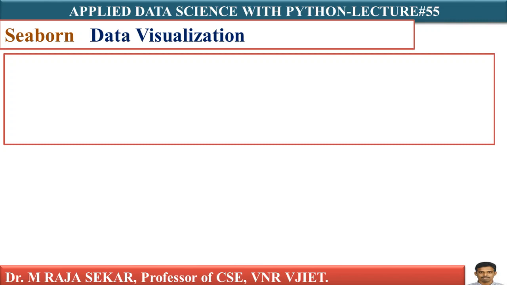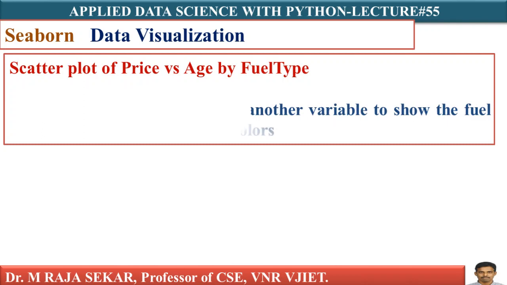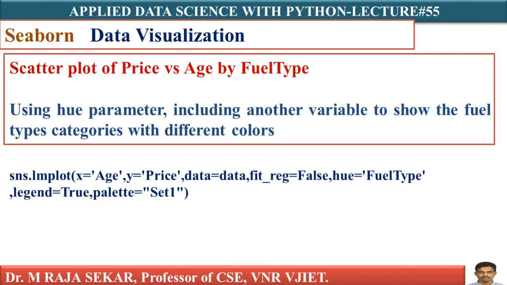That can be added by a parameter, the hue parameter. Just see, what is the hue parameter? Let me repeat so we can understand this. x equal to age, on the x-axis I am taking age, on the y-axis I am taking price. Your data frame name is data. fit_reg equal to false means you are not keeping the regression line.